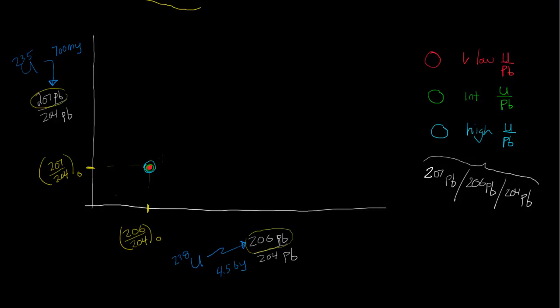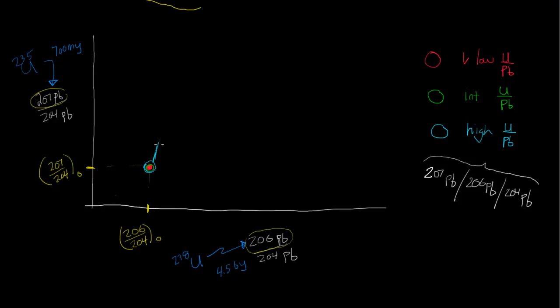Now, let's start with the blue one because that's kind of the easiest one to show. Initially, what happens to this composition is it follows a path that is rather steep like this. And the reason it's steep is because the half-life for uranium-235 forming 207 is shorter, and so this 207 lead forms more quickly than 206 lead, which is formed by the decay of uranium-238 with a much longer half-life.